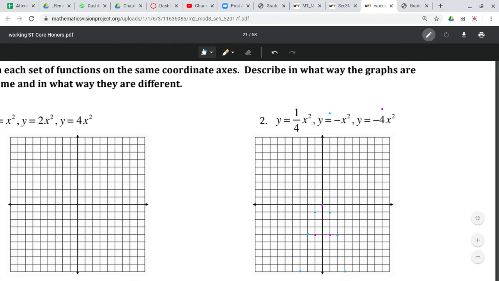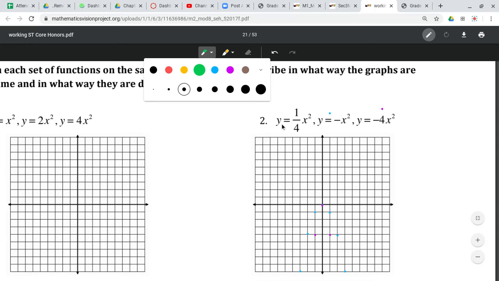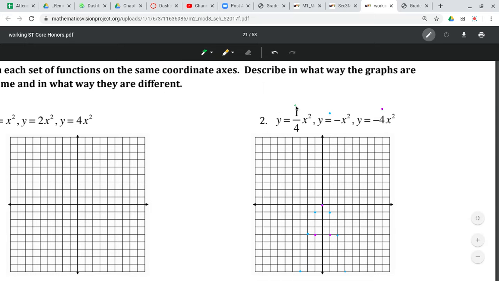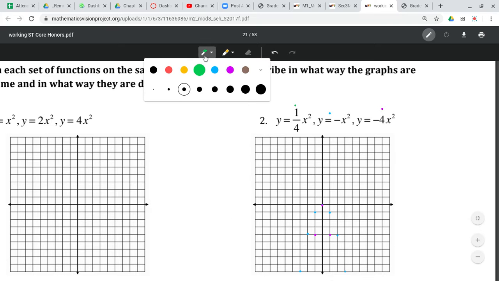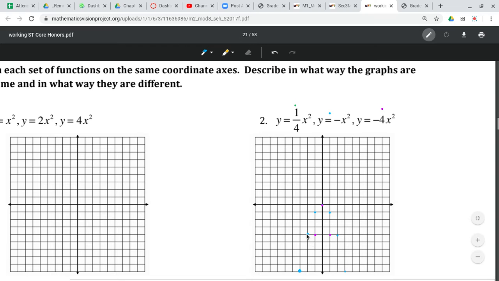So now the last one that we have left is the y equals 1/4 x squared. I'm putting the little dots above to color code so that way you know which one goes with which, since I know it's a little hard to see. I'm going to adjust this to make it a little easier to see those points for you guys.